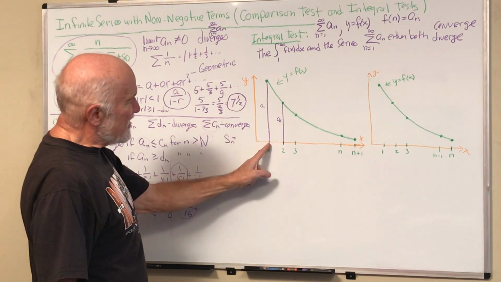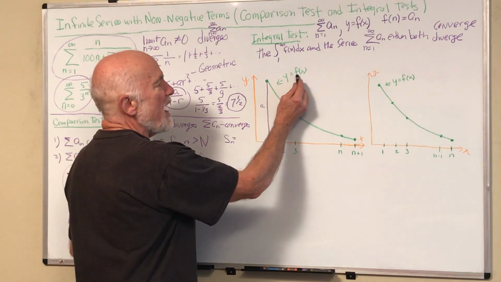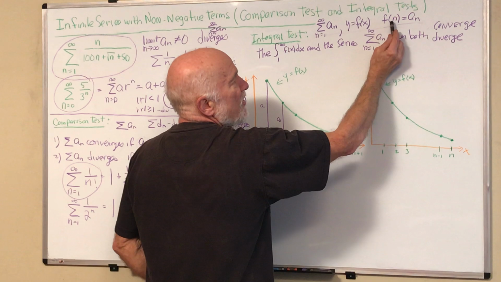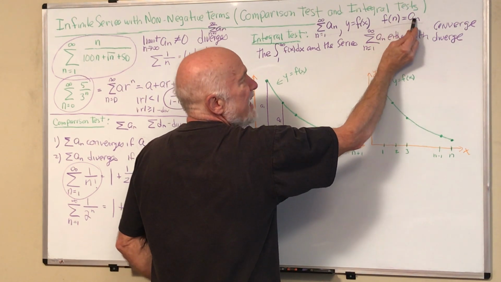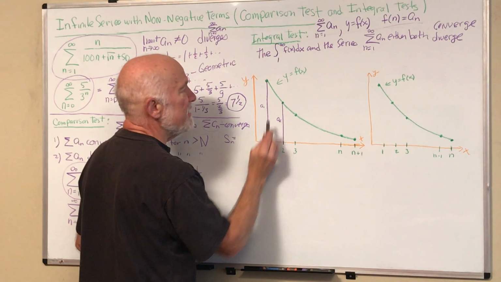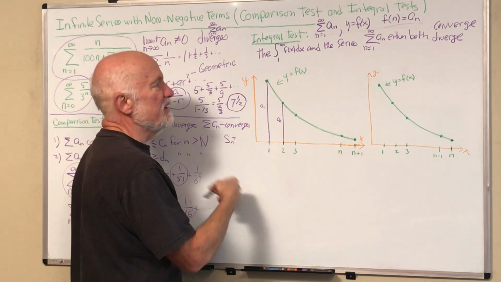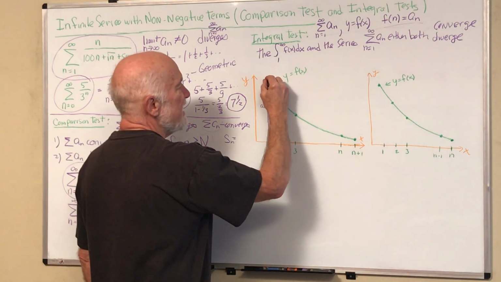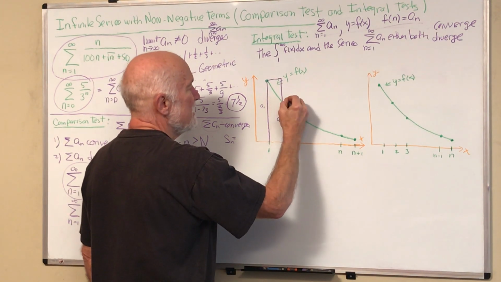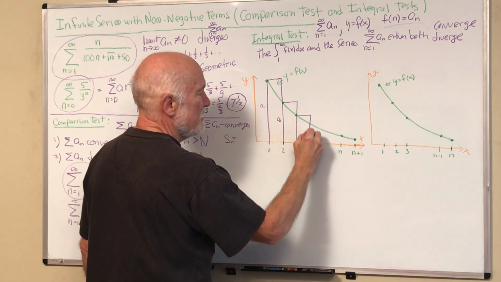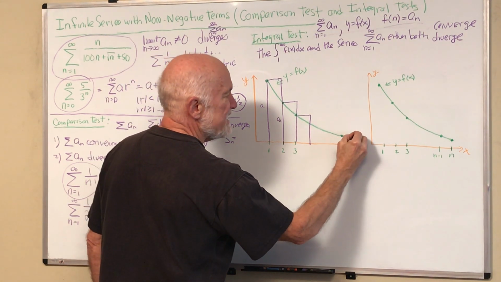So if this distance is a sub 1 and this function is y equals f of x, you see it satisfies what I just said here. f of 1 equals a sub 1. There's a sub 1, this is f of 1, and it works on all values of n. So what happens then if I make these rectangles all the way down?